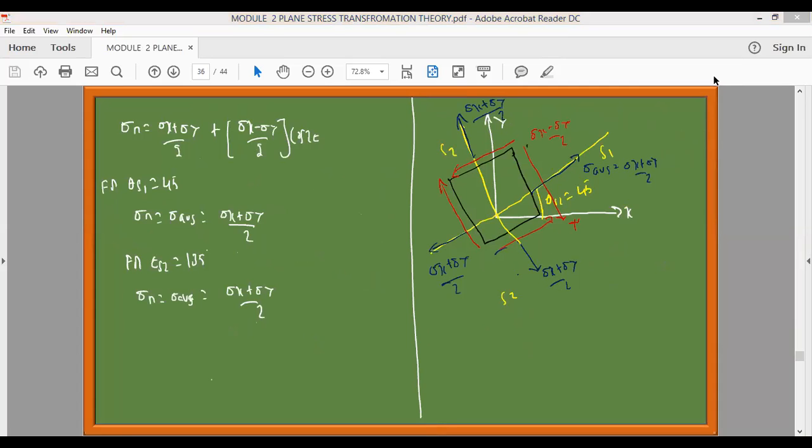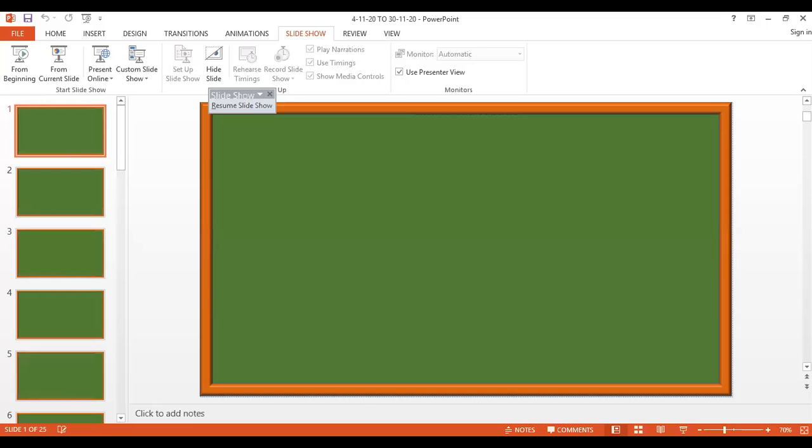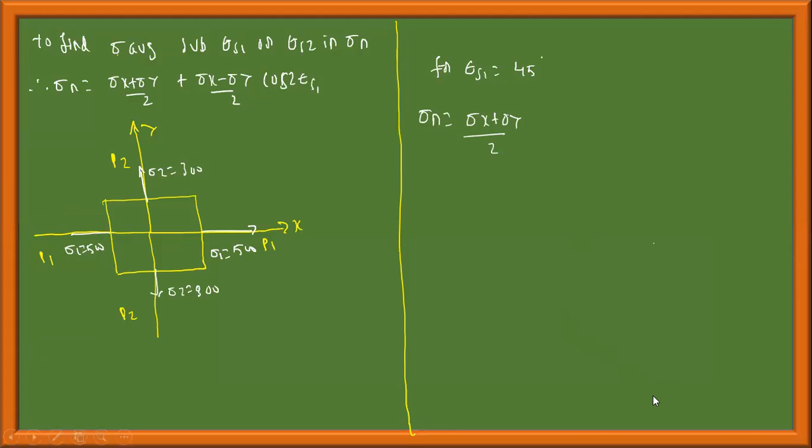Since I have used the method which I have followed for plane stress condition, I am following the same. We should not deviate. Sigma x plus y by 2, cos 2 theta obviously, cos 2 theta plus or minus 1 will be 0 only.